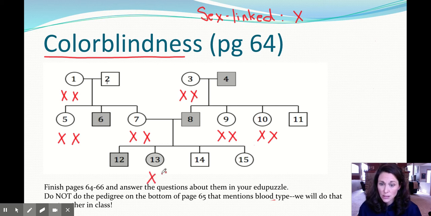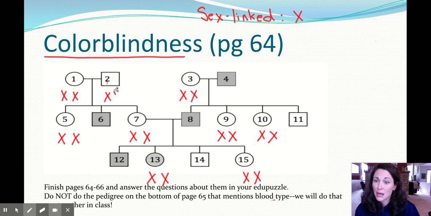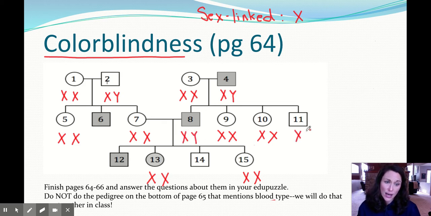I'm just putting the sex chromosomes, nothing else yet. All my circles have their sex chromosomes. Then I put sex chromosomes on all the men on my pedigree, and remember these are all XY. So under every circle and every square, I should have sex chromosomes.